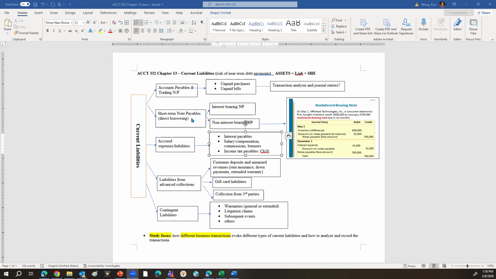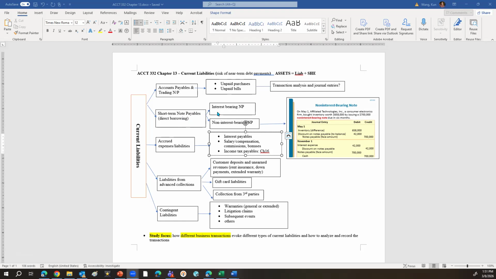Then the short-term notes payable is different from trade notes payable. Short-term notes payable normally relate to a direct borrowing from a financial institution, or maybe you borrow from another business.